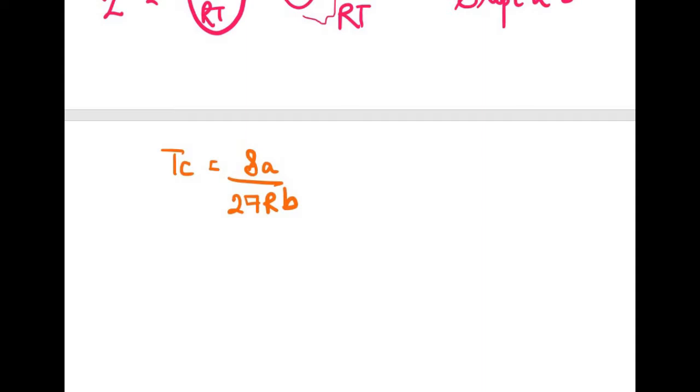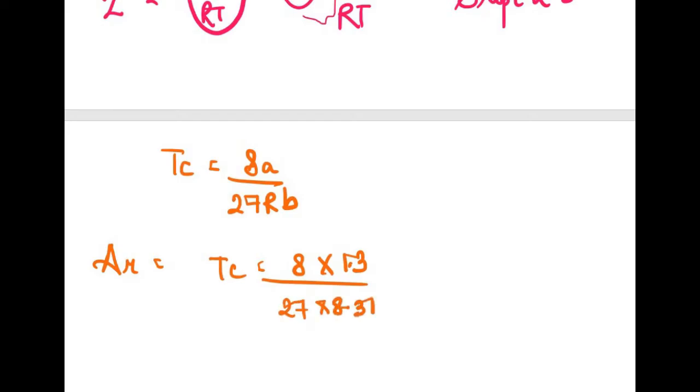If the equation is known to you, just do the calculations. For argon, Tc would be 8 into a, which is mentioned as 1.3, divided by 27 into 8.314 gas constant into b, which is 3.2.